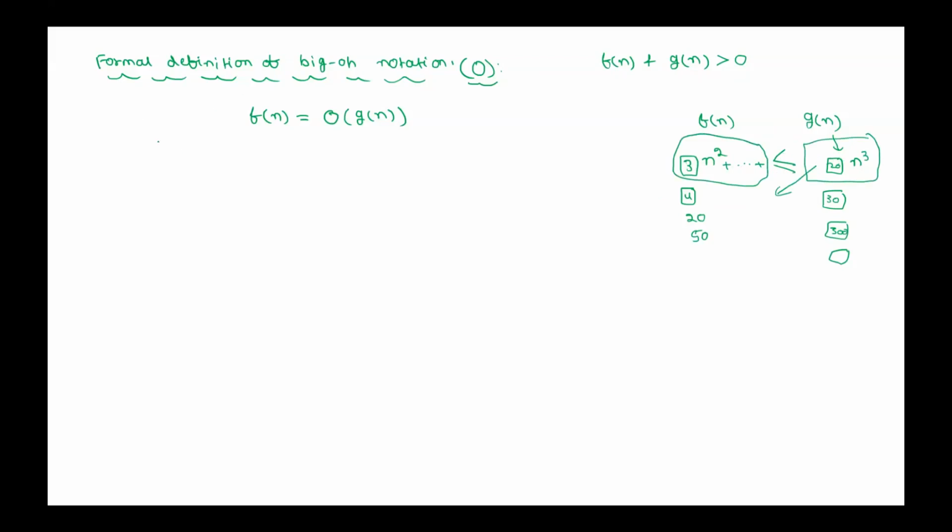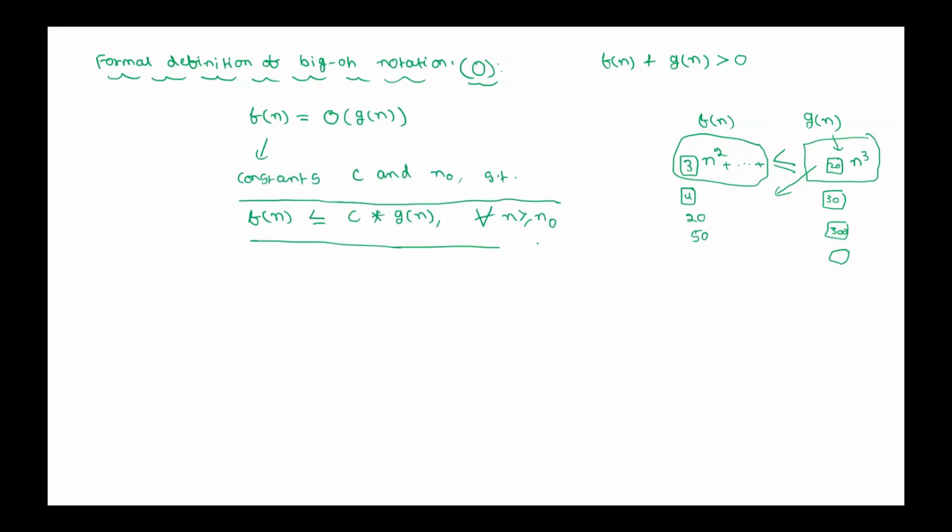So that means if at all we are able to find the constants C and N naught, such that f of n is less than or equal to C into g of n for all n greater than or equal to n naught.